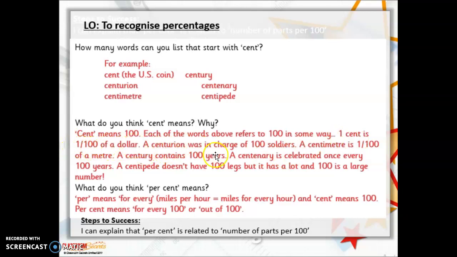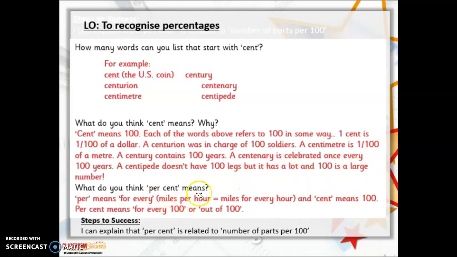A centurion was in charge of 100 soldiers. A centimetre is 1 out of 100 of a metre. A century contains 100 years. A centenary is celebrated once every 100 years. A centipede doesn't have 100 legs, but it has a lot, and 100 is a large number.